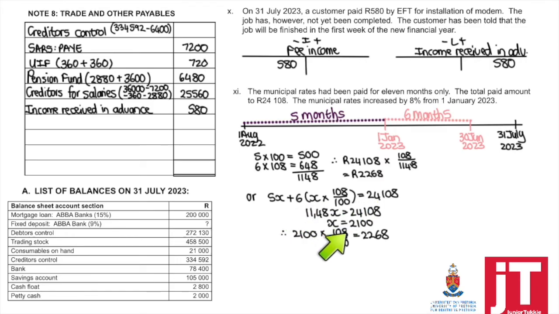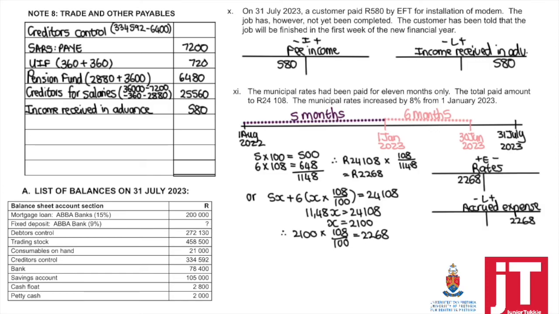To get x alone, you are going to take 24,108 divided by 11,48, and that means 2,100 before the increase. Then I still need to say times 108, 100 plus 8% after the increase, 2,268. So we get exactly the same answer.